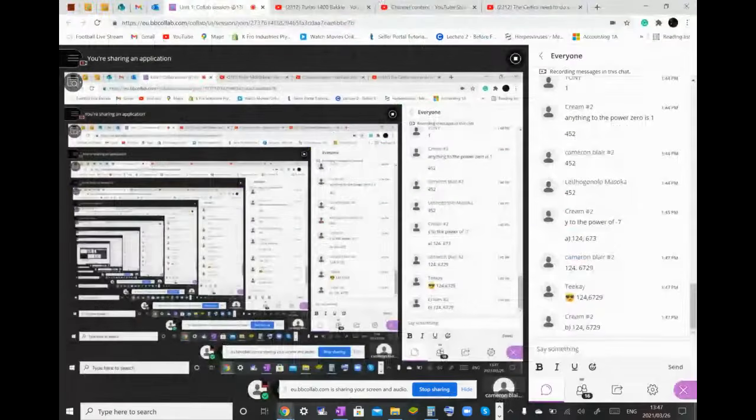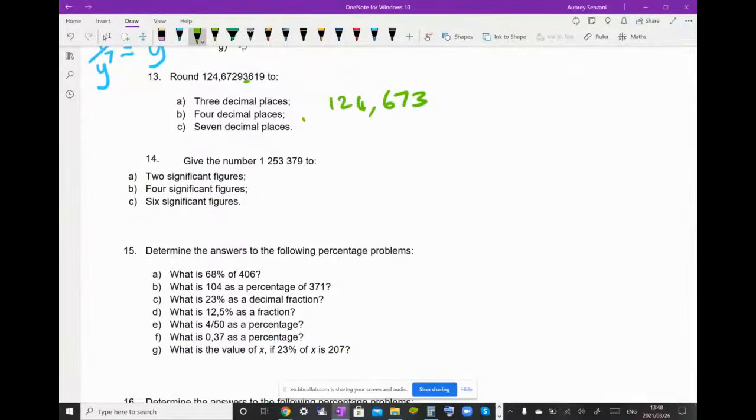So it's going to be 1, 2, 4, 6, 7, 2, 9. Since 3 is below 5, there is no change in the number.